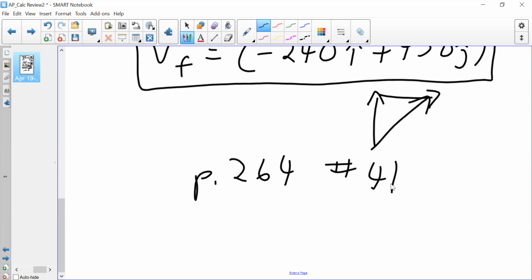So 41, we'll keep at that, and 42 could be something that the C people could do. We'll just keep it simple. All right.